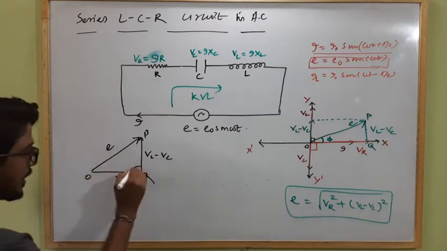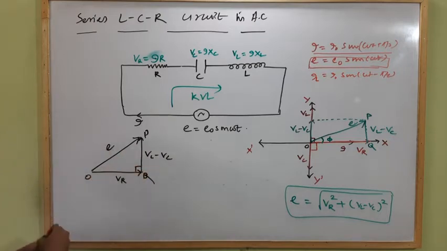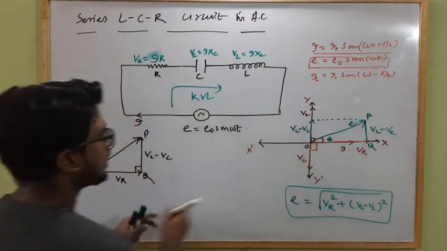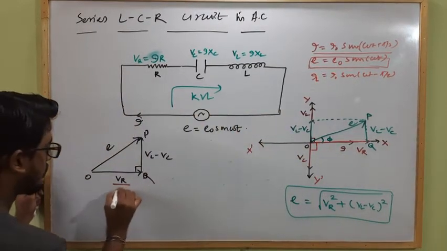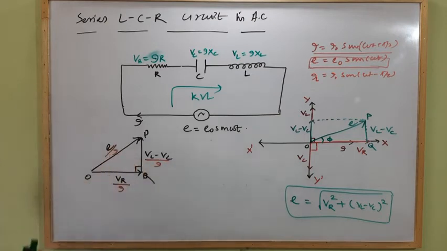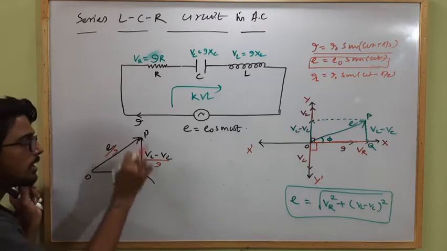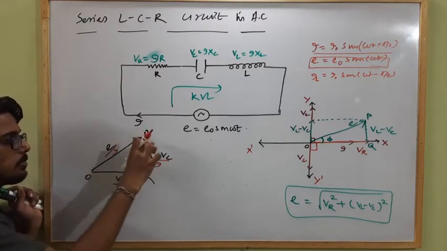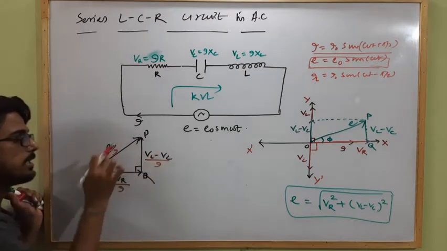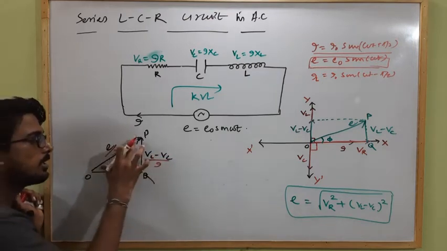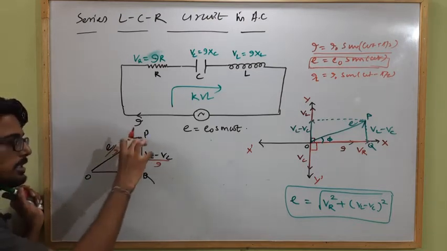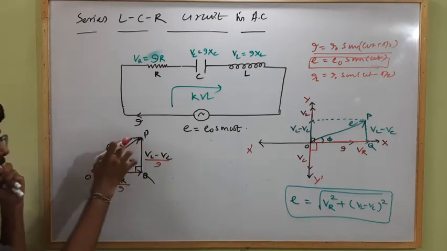In this right-angled triangle, if I divide each side by the current I, the RMS or instantaneous value, then since each side of the OPQ triangle represents a potential difference and I am dividing the same quantity into each side, the triangle shape will remain the same but its size will reduce, because each side is reduced by a factor I.